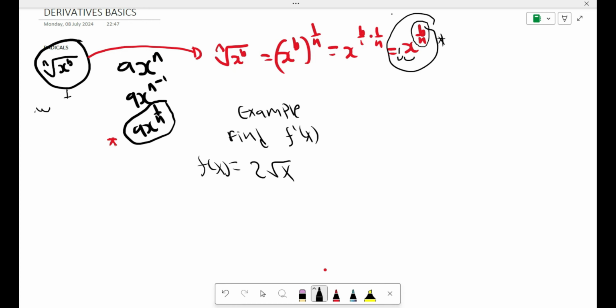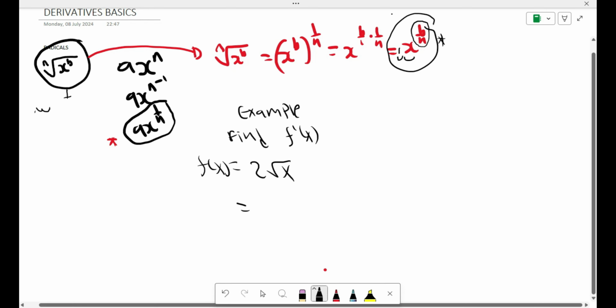We can, but let us make our life easier, so we have to simplify f of x first. It will be 2, and the square root is x to the power half, so now it's of the form a x to the power n, where n is a fraction. Then we can apply the normal power rule.